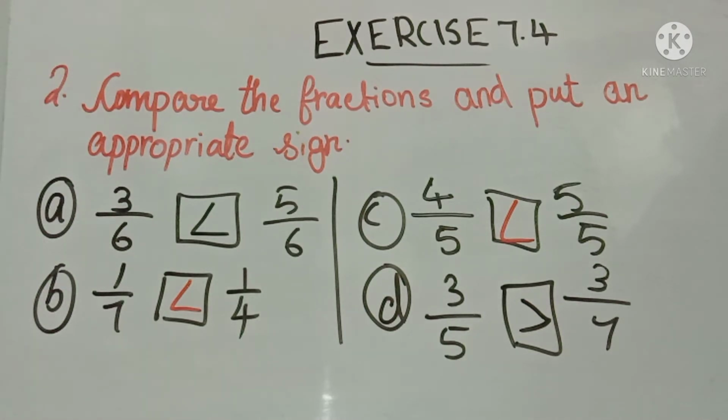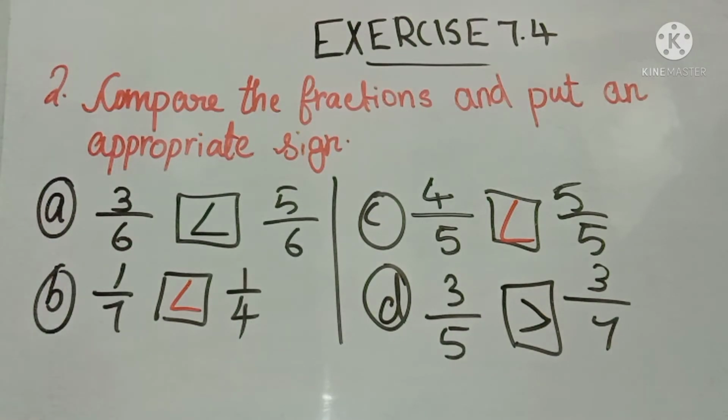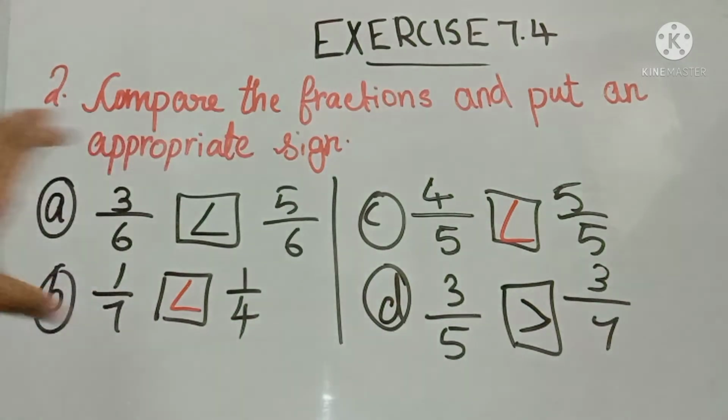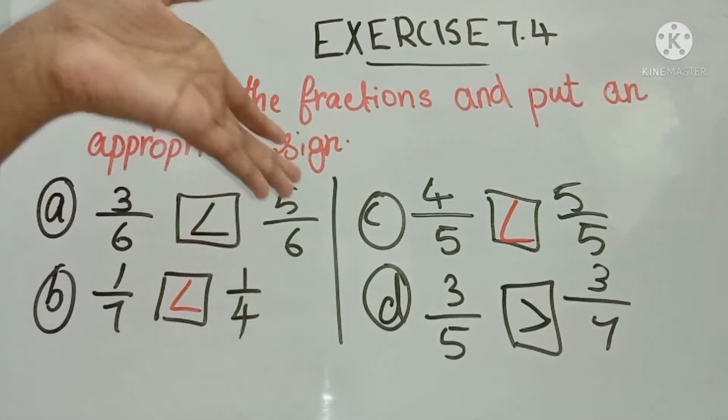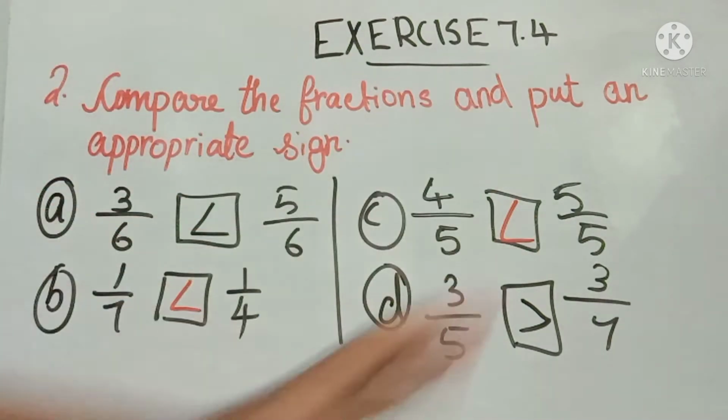Moving on to the third question. So we want to make 5 more such pairs and put the appropriate signs. So it's your own duty. You want to make 5 more of these type of questions and put the appropriate sign for it. Okay.